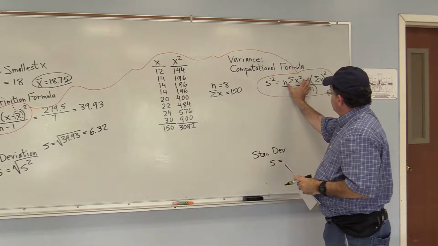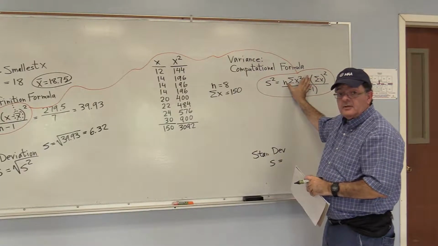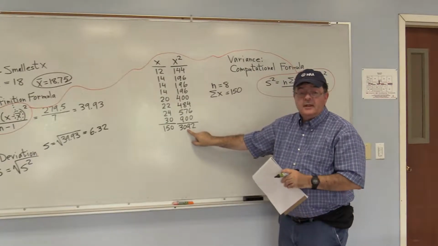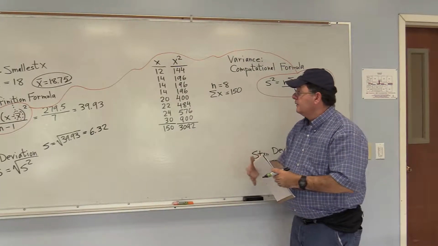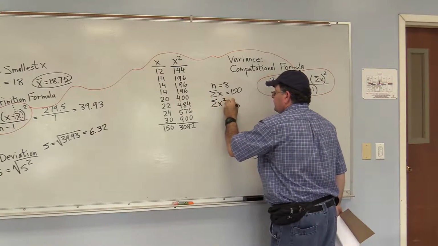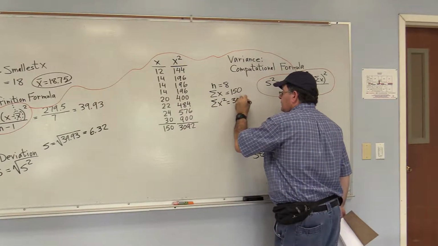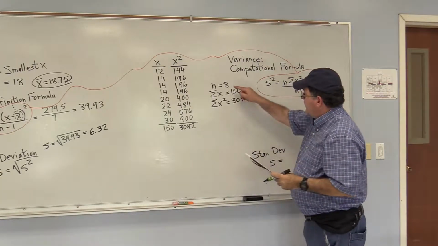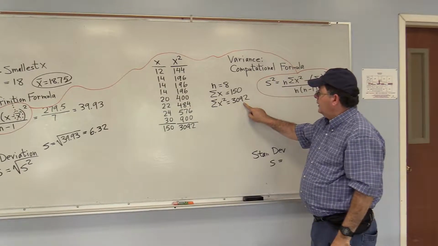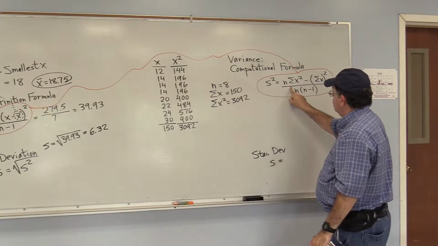And we need sigma of x squared, the sum of the squares of the x values. And we know that value to be 3,092 right here. So summation of x squared is 3,092. And now using these three numbers, which were easily obtained, we plug them into the formula and we calculate.